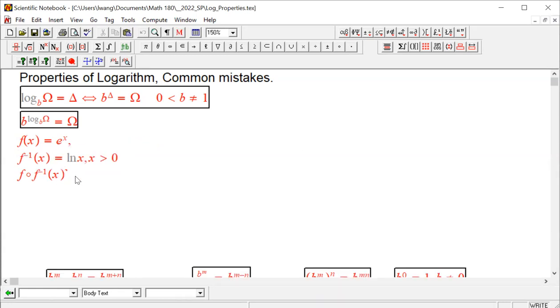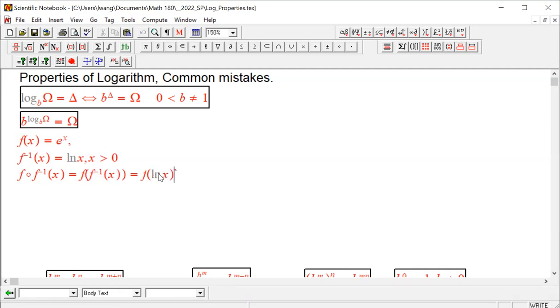So we use this property to derive two very interesting facts, and one of them is what we're looking for. Okay, so this is what we did. We have f of f inverse, which is ln x.